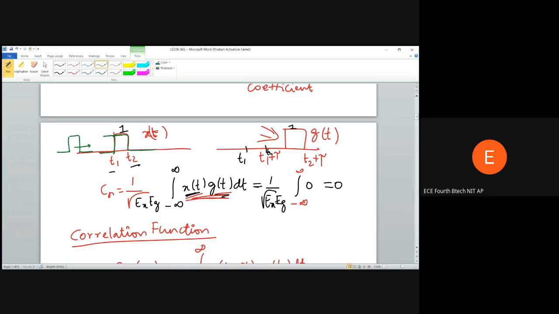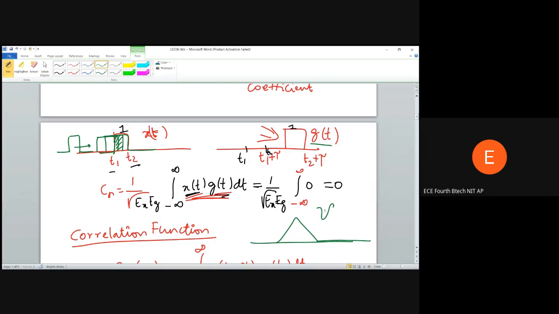Before this you will have a value something like this, a little less area. And if I go to the left side, the cross correlation between g of t and x of t will have a shape something like this.